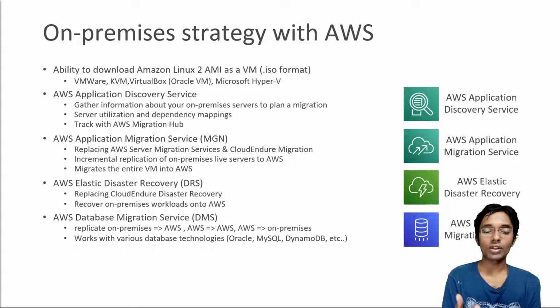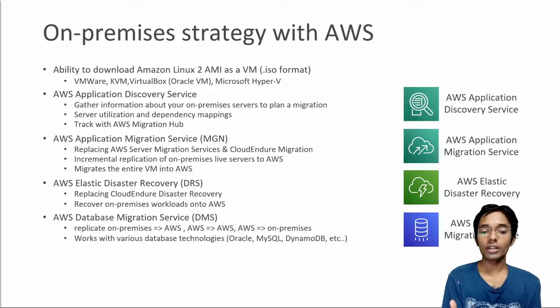Then you have DRS, Elastic Disaster Recovery, which is very similar to MGN. But this one is replacing what's called the CloudEndure Disaster Recovery, and it's going to help you recover on-premises workloads onto AWS through a disaster recovery strategy.